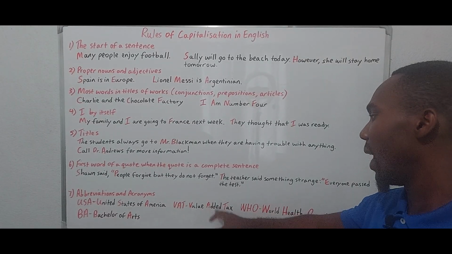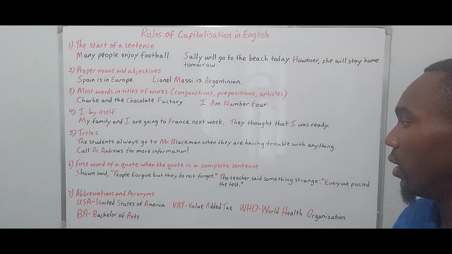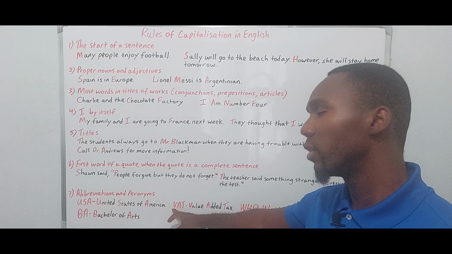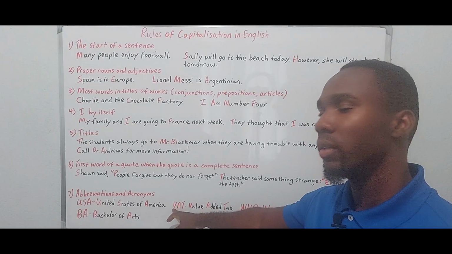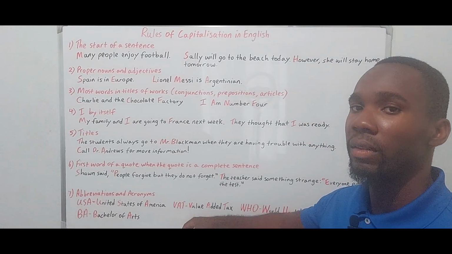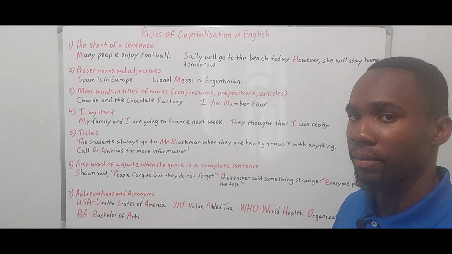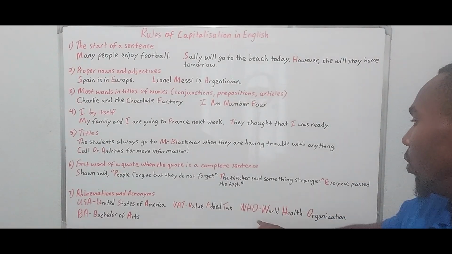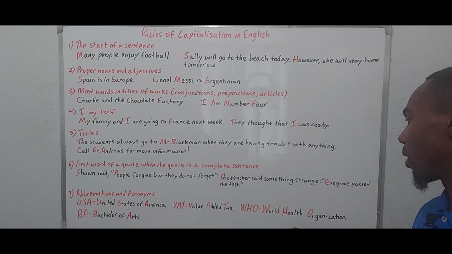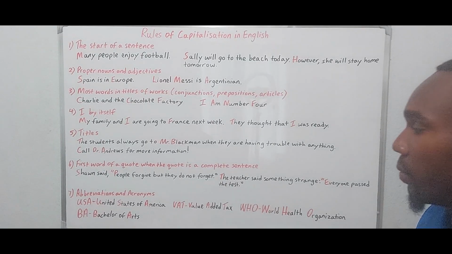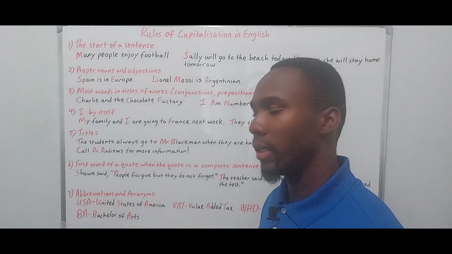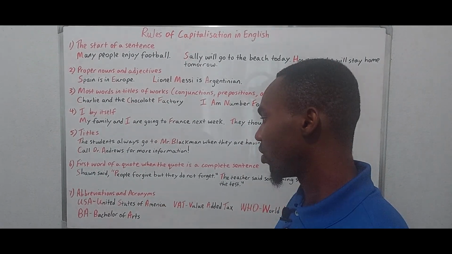VAT, value added tax. And you see, the word that represents each letter, that word starts with a capital letter. WHO, World Health Organization. And BA, Bachelor of Arts.